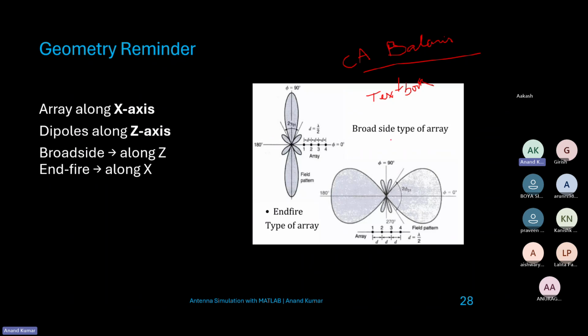So this is the broadside type of array, and this is the end fire type of array. And you must notice the broadside array actually has a narrower beam width for the same number of elements, while the end fire has a much broader beam width. But this is still better than just a simple dipole, right?